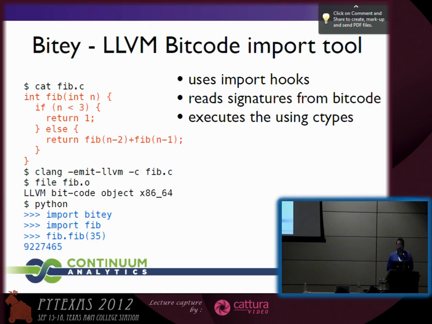You have this Fibonacci function written in C. The red shows what the C code looks like. Then you use clang to compile it to this LLVM bitcode.